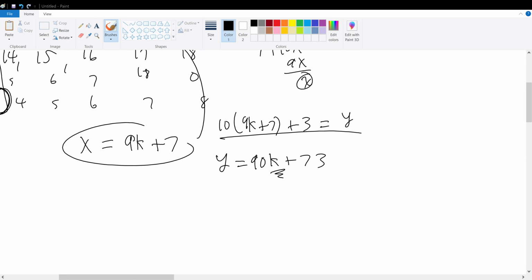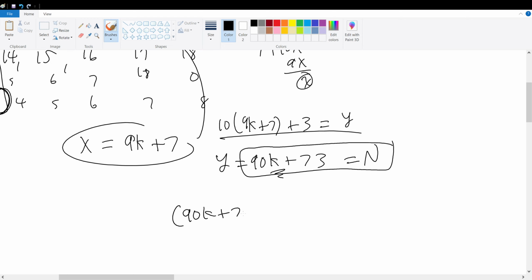This is our n number, but then this n has to be divided by 11. So what is 90k plus 73 congruent to when we mod it by 11?